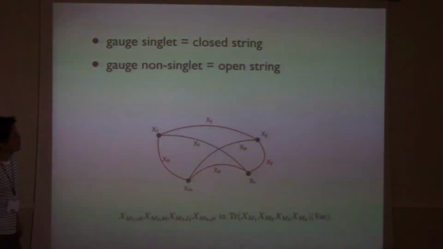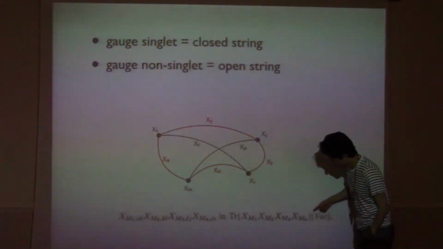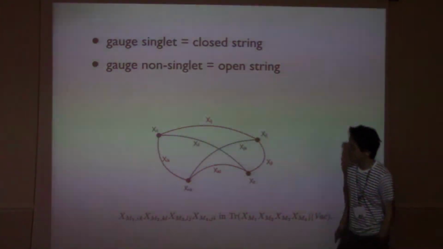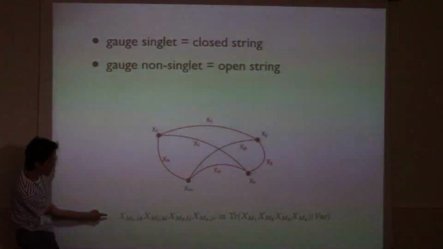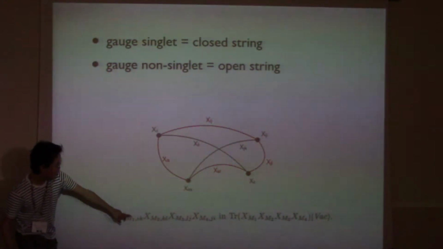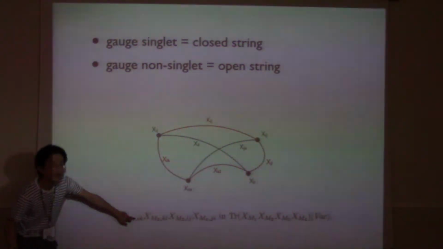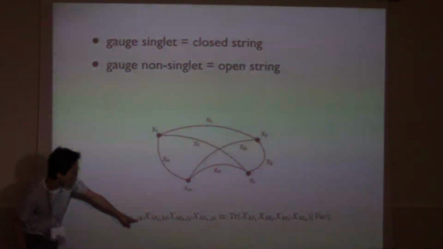intuitively you can imagine that you have four X's in this trace: X_ik, X_kl, X_lj, X_ji. Because we take the trace, we should sum over i, j, k, l.